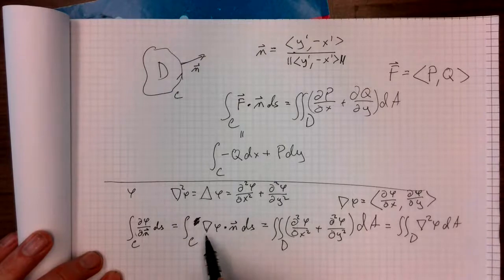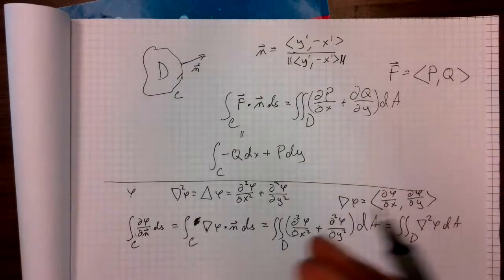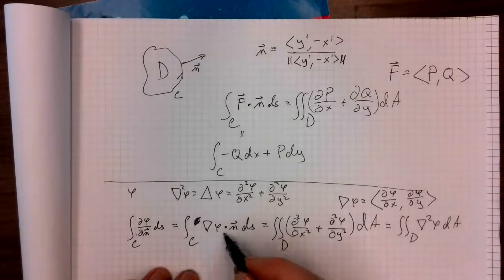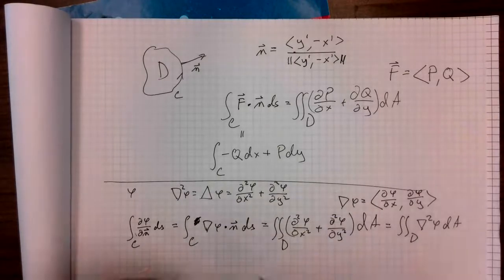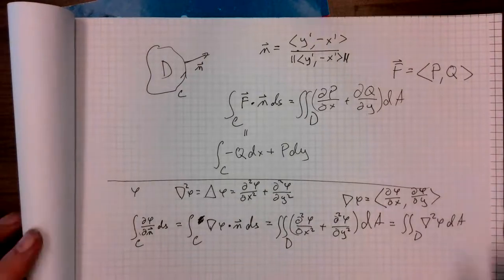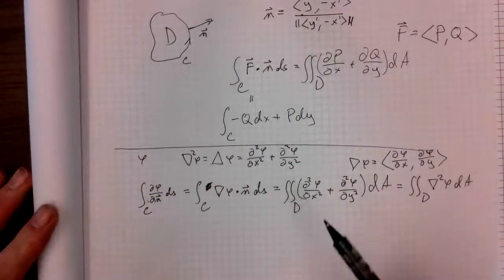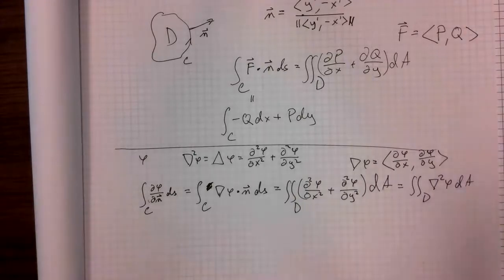If I'm thinking of stuff leaving my region as following the gradient of phi, so phi is some potential function of something, some vector field, let's say, and I look at how stuff is leaving, well, that can be given by the Laplacian.